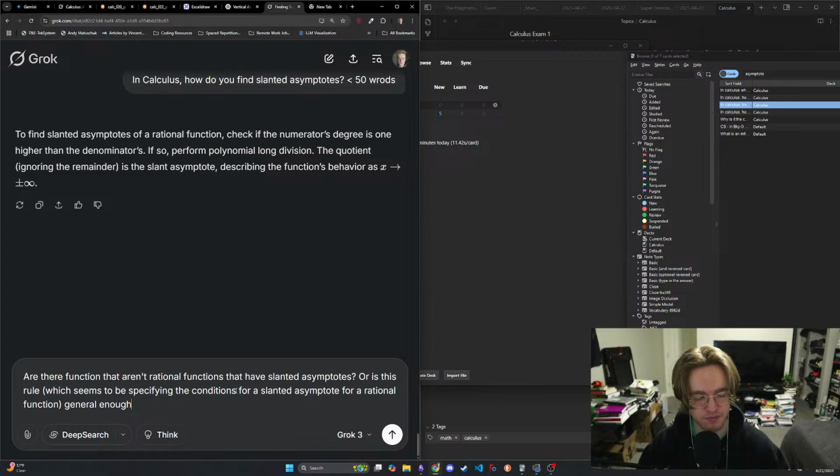Or is this rule the only way in which we have slanted asymptotes?